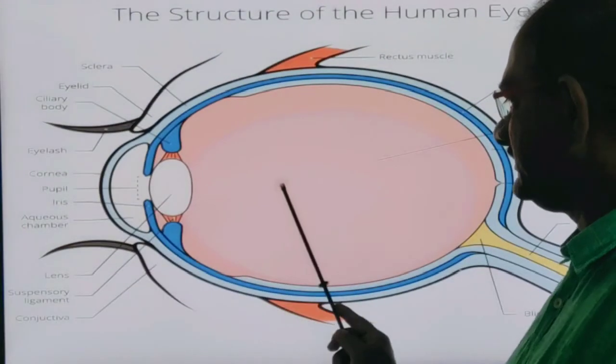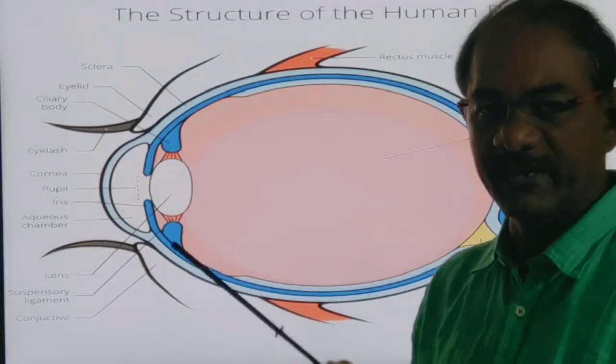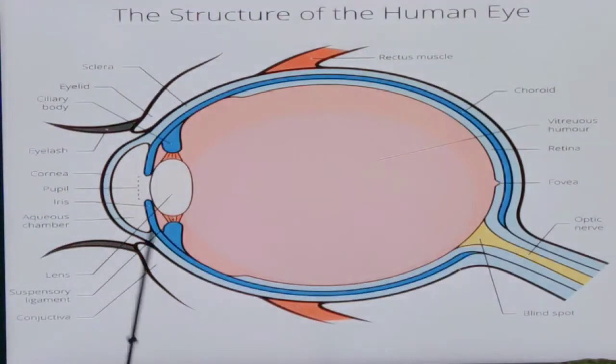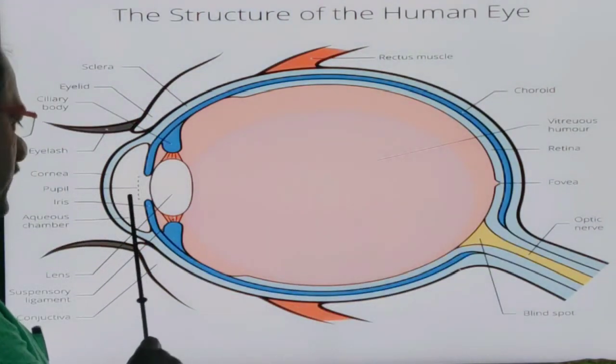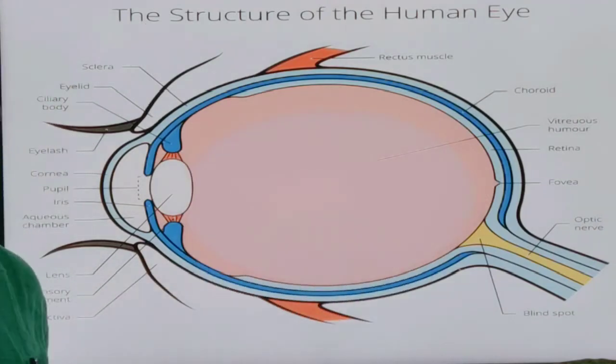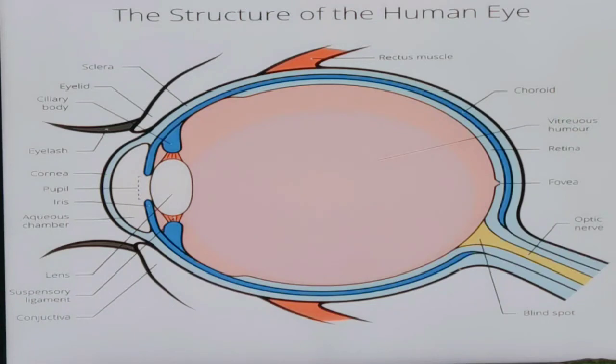This watery fluid and jelly both support the lens. Light also travels through the aqueous chamber, the lens and the vitreous chamber toward the retina. So that is the part of the lens.